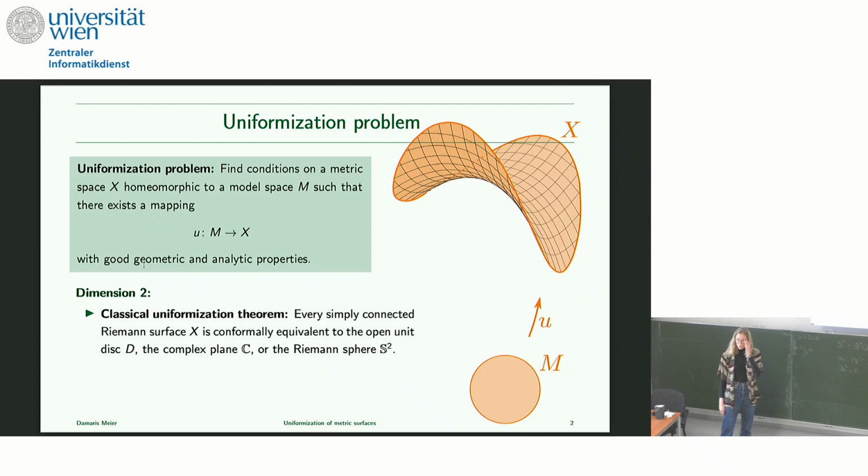In the smooth case, we have the classical uniformization theorem, which tells us that if we are given a simply connected Riemann surface, then there exists a conformal map from one of these three spaces, so either the unit disk, the complex plane, or the Riemann sphere, to your space. And this also gives somehow a characterization of simply connected Riemann surfaces, and that's why it's, in some sense, uniformization.